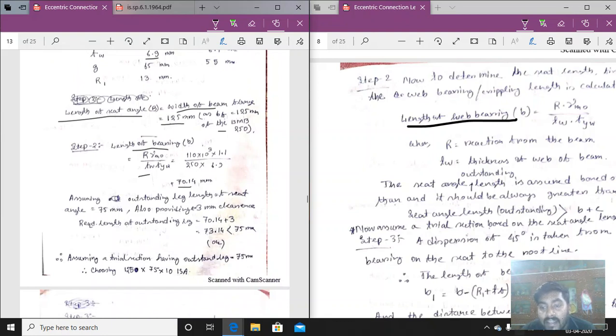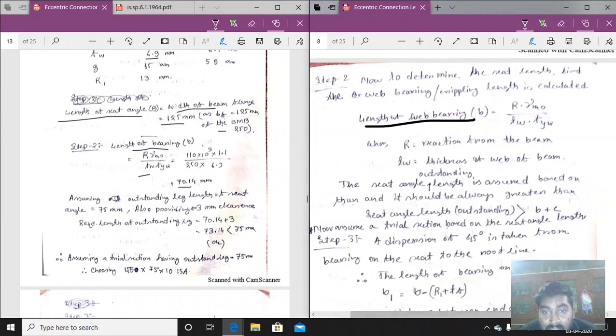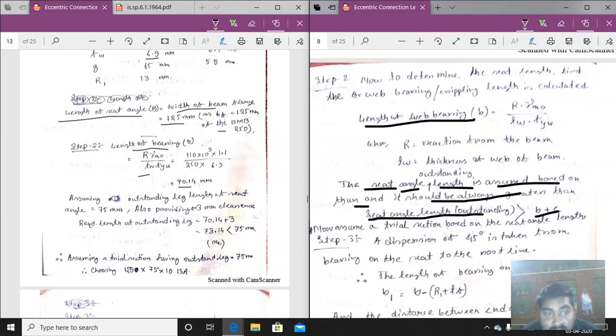Now what is written here? The outstanding length of the seat angle is assumed based on that, and it should always be greater than that value. The seat angle outstanding length should be greater than b plus c.